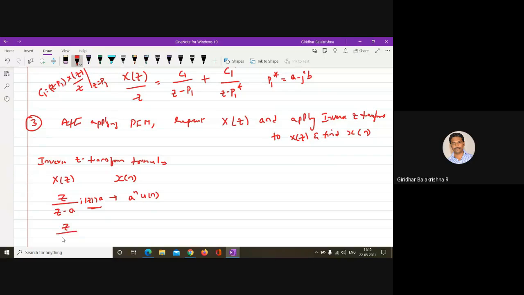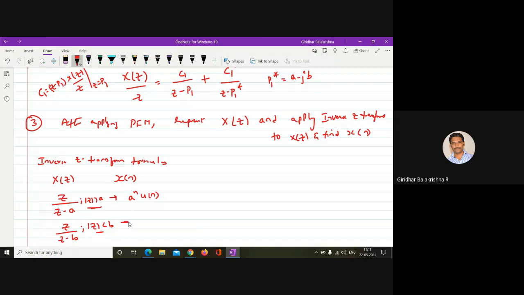Next formula, z by z minus b for mod z less than b. Which system is it? Mod z less than b means anti-causal.